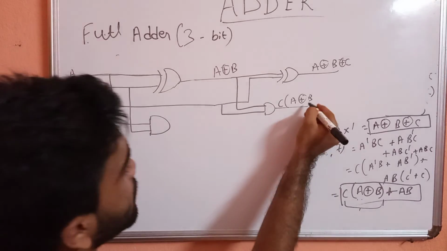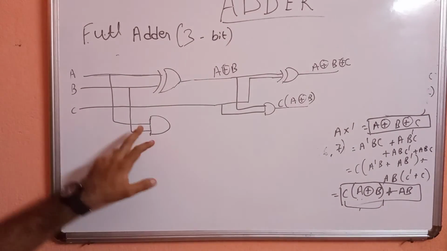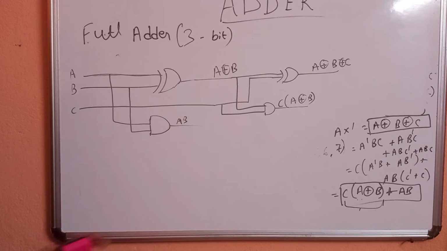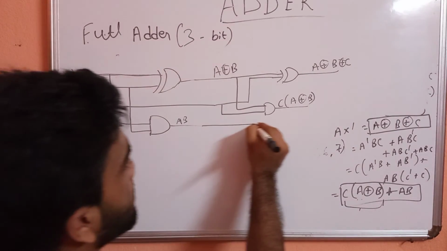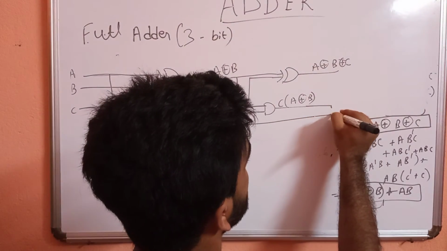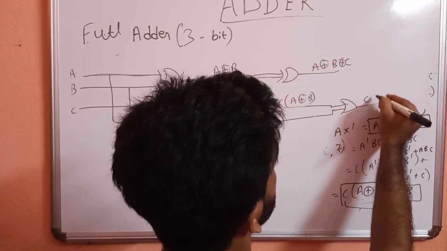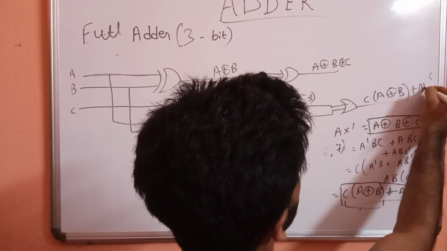This part we have got. Now remaining is AB. Here we have done AB. This is my AB. Right? Now we will do OR with this. Simply doing OR with this. That means C, A XOR B plus AB.